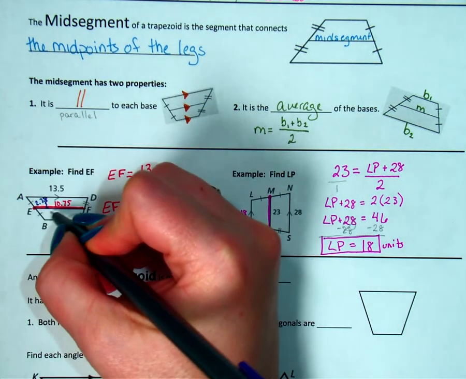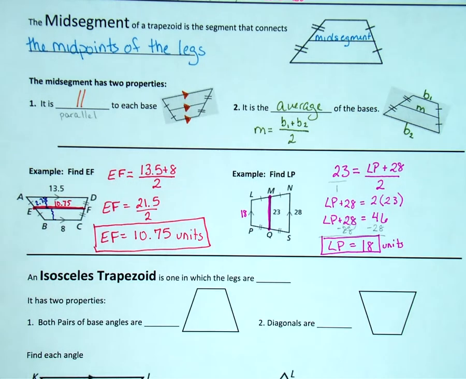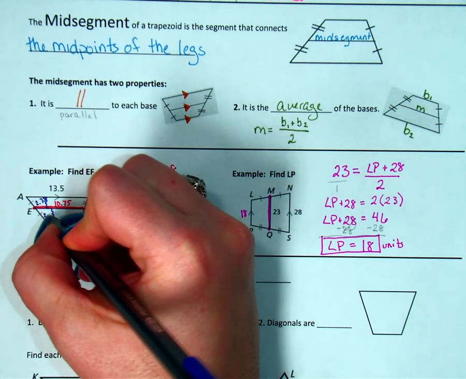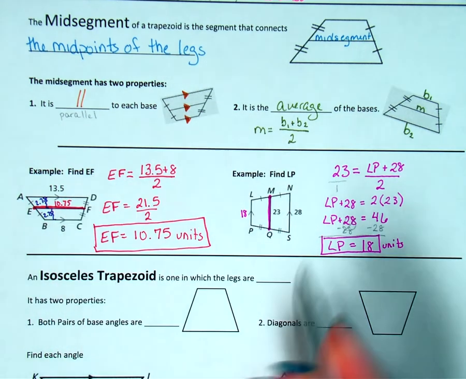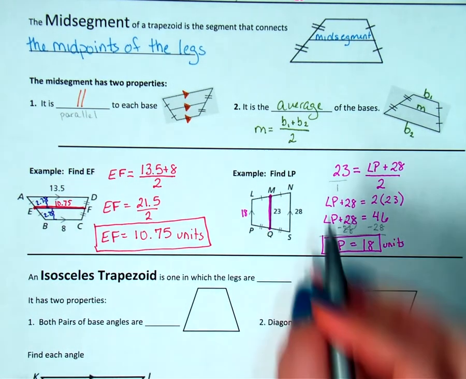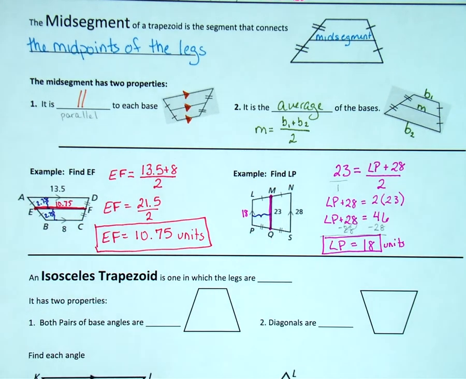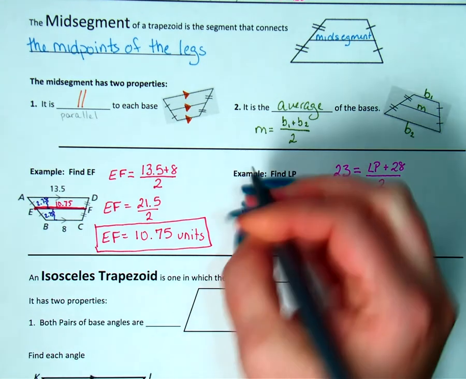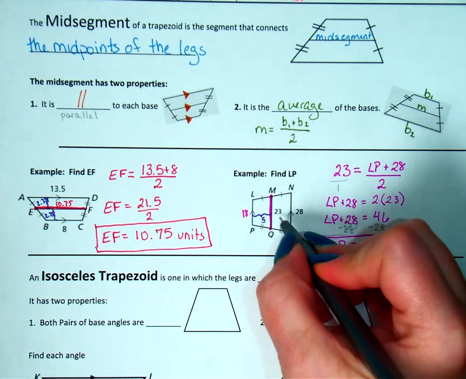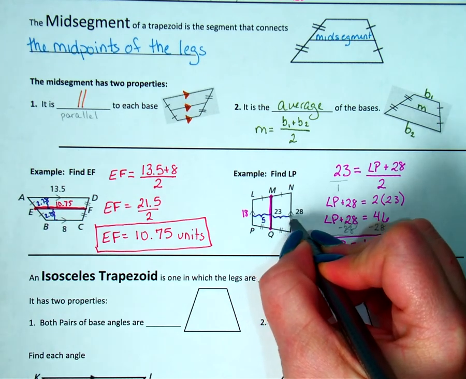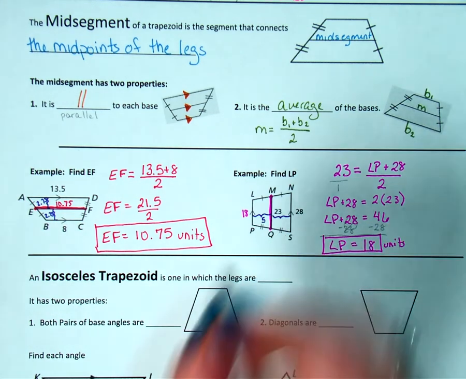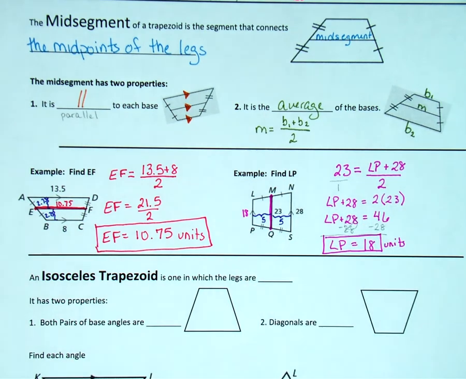This distance here should be exactly the same. 10.75 minus 8 is also 2.75. If I come over here, it should work out the same way. To get from 18 to 23, I'm increasing by 5. To get from 23 to 28, I'm also increasing by 5. So you can check your work that way.